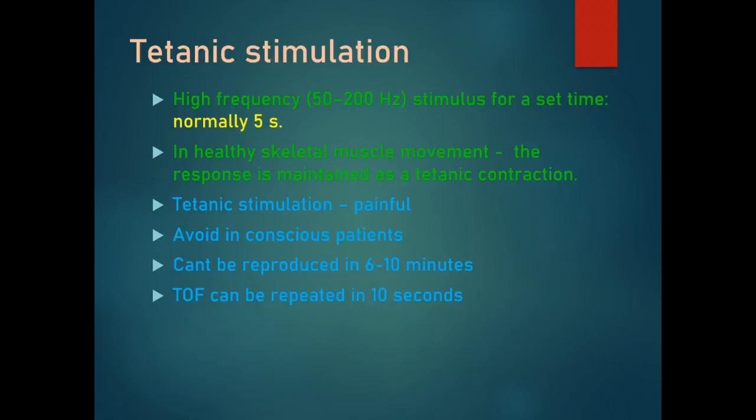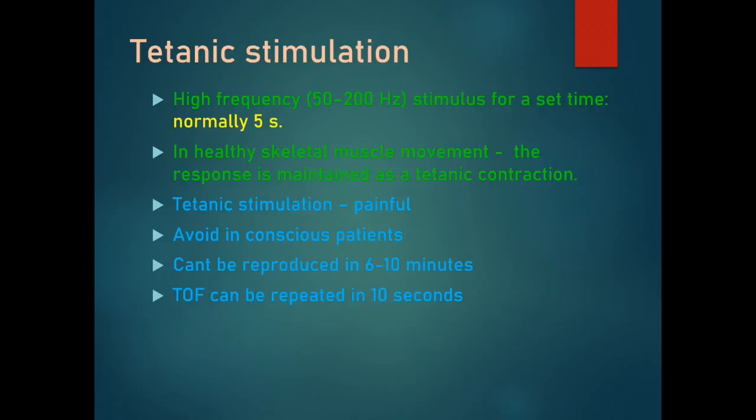Tetanic stimulation. Tetanic stimulation is the application of a high frequency stimulus, around 50 to 200 Hz, for a set time, normally around 5 seconds. In a healthy skeletal muscle, the response is maintained as a tetanic contraction.